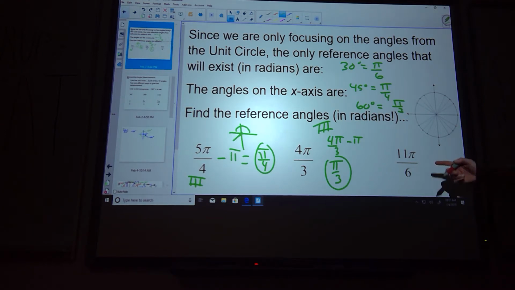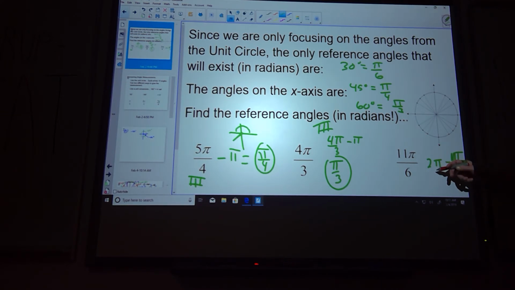11 pi over 6. Quadrant 4? Quadrant 4, I like it. Did it go around twice or once? Once. It's 30 degrees. So I'm going to go 2 pi, because 2 pi is all the way around, minus 11 pi over 6.